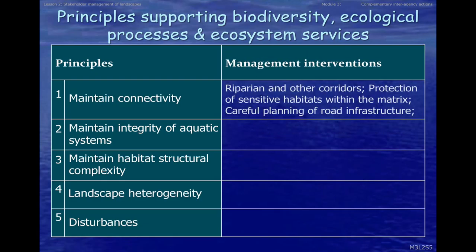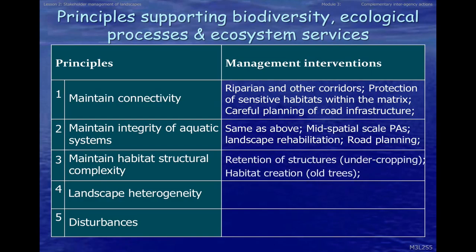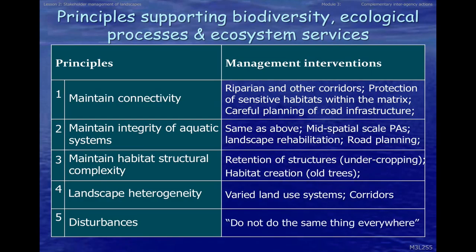A few of the specific management interventions we can apply to comply with principles include riparian vegetation and other corridors, protection of sensitive habitats within the matrix, careful planning of road infrastructure, and so forth.